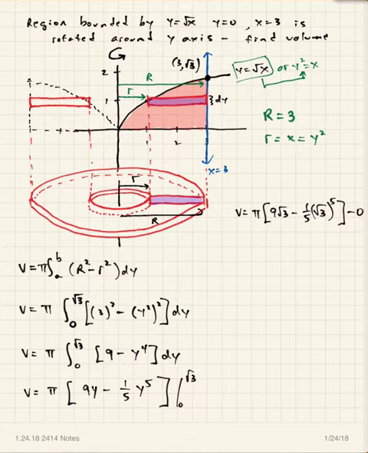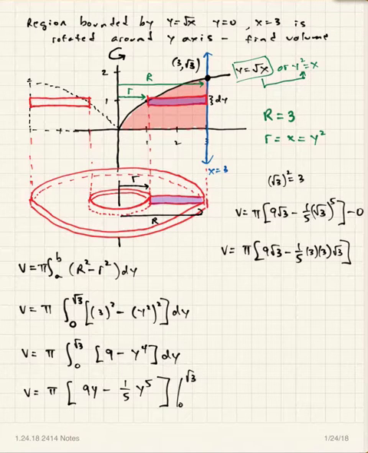All right, don't forget that the square root of 3 squared is 3. So in this case, you got pi times 9 times the square root of 3, and then minus 1/5, and then you have 2 square roots of 3 squared in there. That would give you square root of 3 to the fourth. So there's 2 3's in there, and then you still have a square root of 3 left.